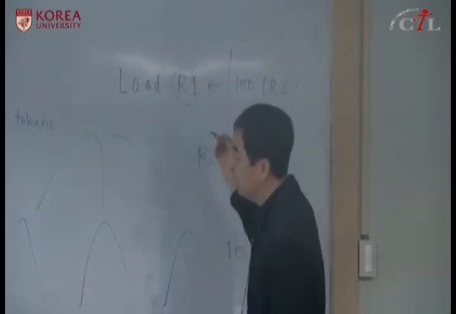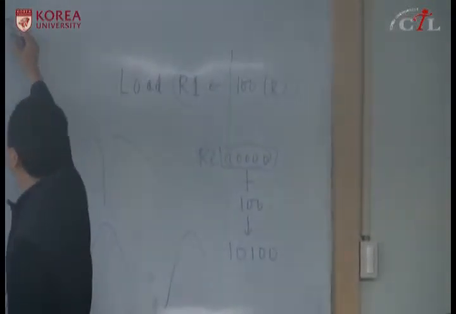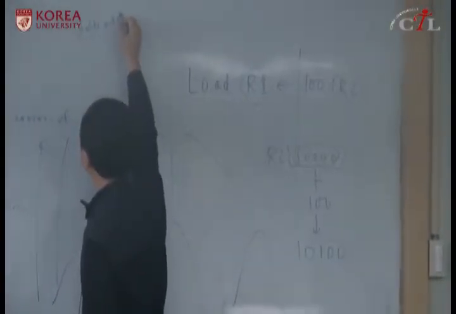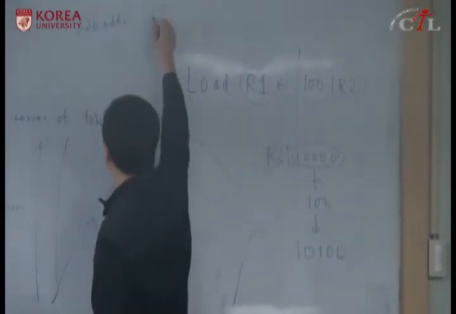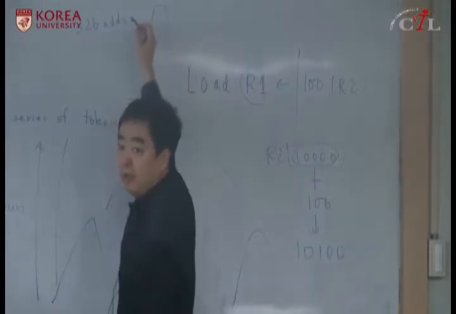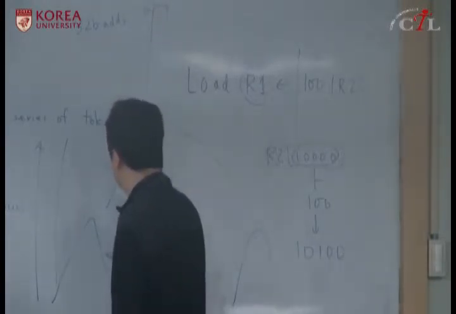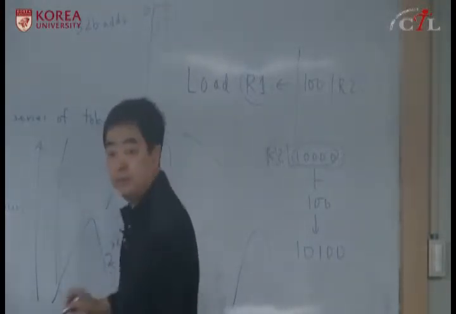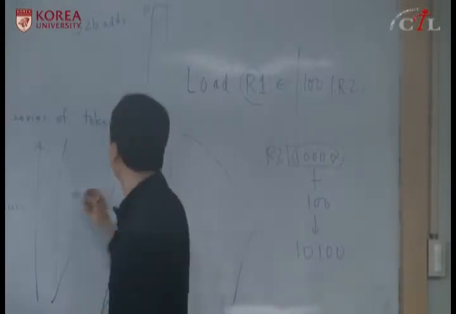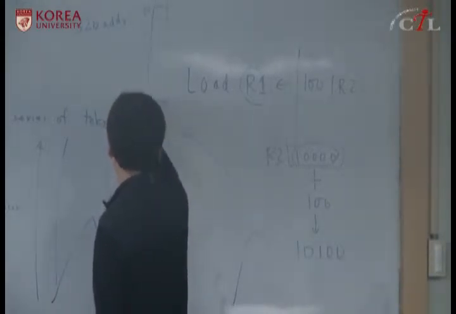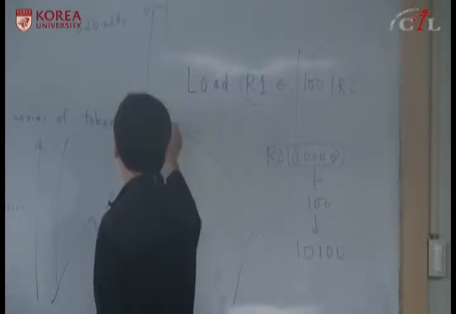Memory for a 32-bit processor, if they use 32-bit address, as we have discussed, is a linear array of bytes starting from 0 to 2^32 minus 1. Okay? So this means address 10,100, 101, 102, 103.